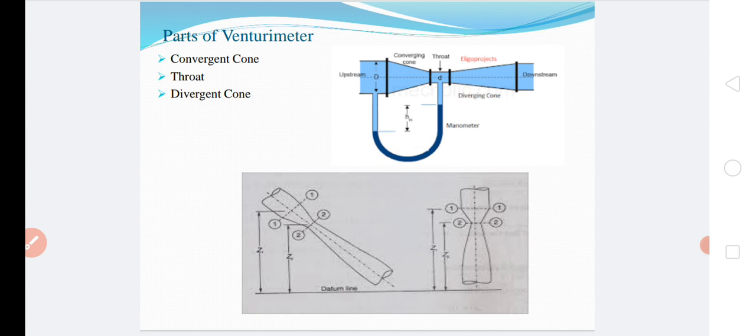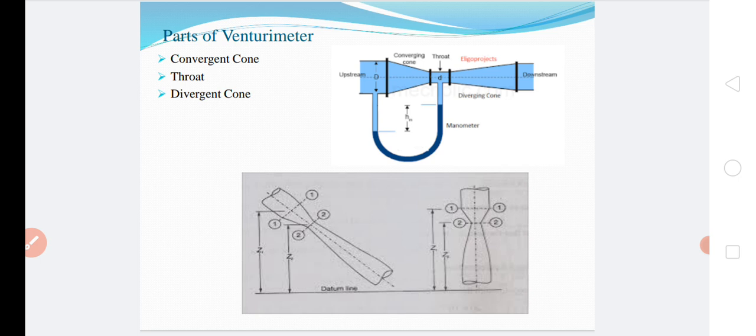The liquid, while flowing through the convergent cone, is accelerated, which causes the velocity at the throat to be greater than at the entrance and a corresponding decrease in pressure. That means when the passage is narrow in the way of the fluid, then this happens.